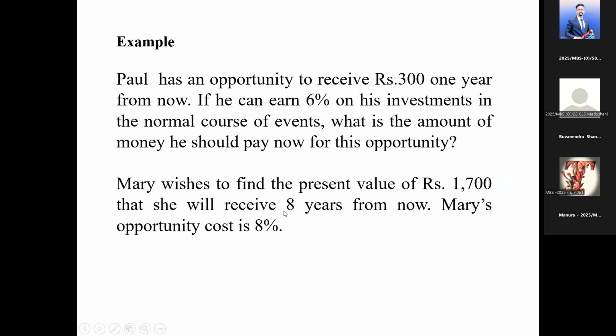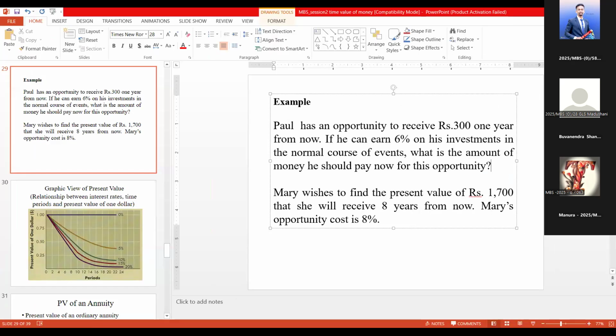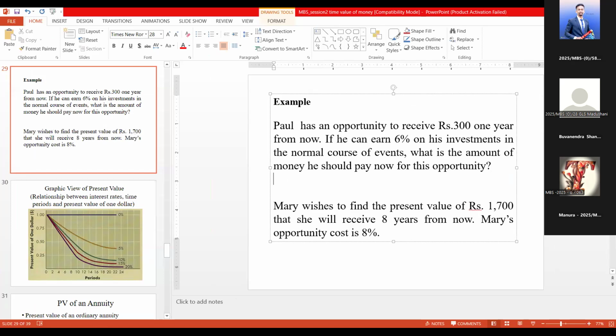So for this question, we need to calculate the present value. In this question, future value is 300, right? So 1 divided by 1 plus I. The interest rate is given as 6%, so 0.06.